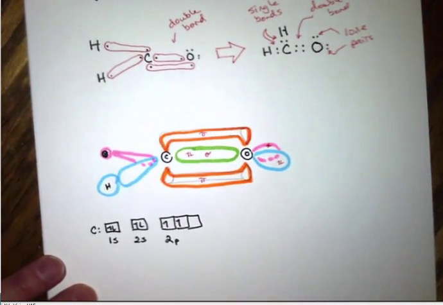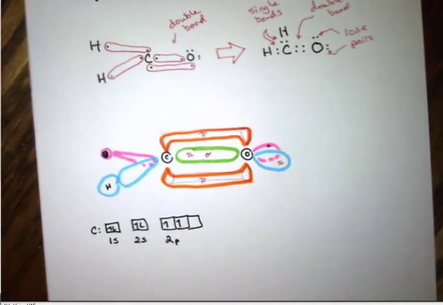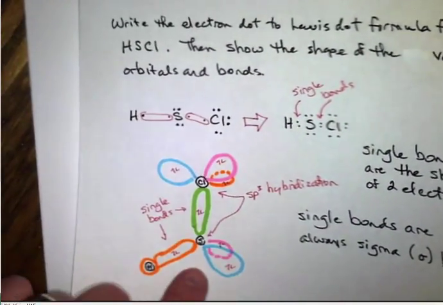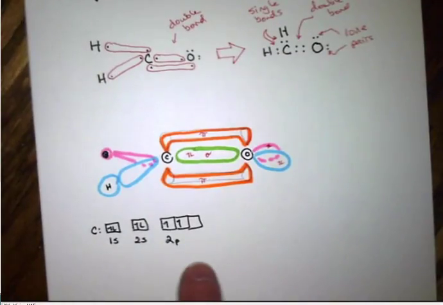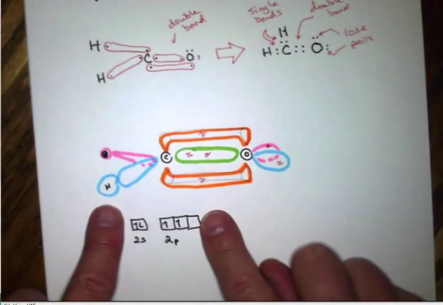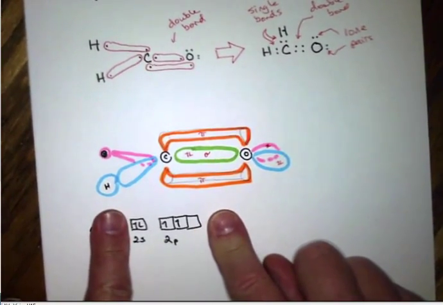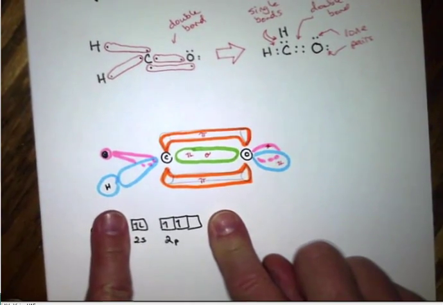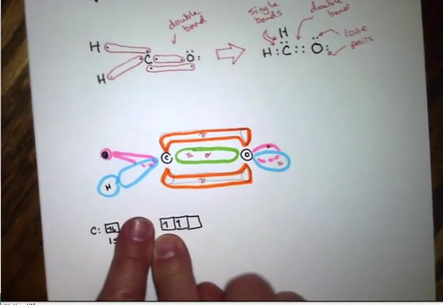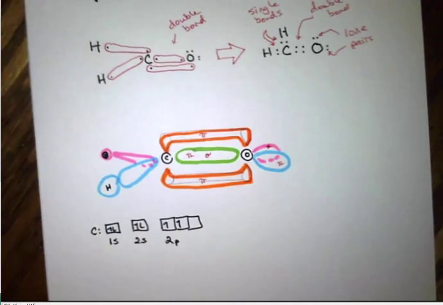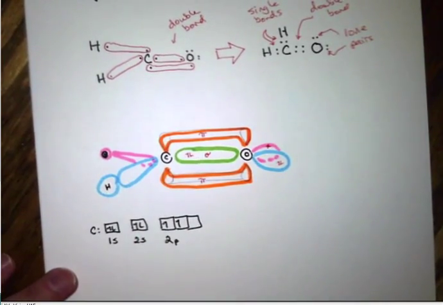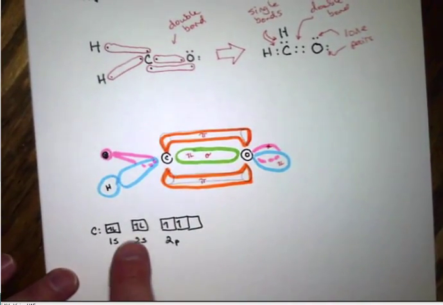To hybridize this sp3, remember these are sp3 hybrids here and here, we're going to hybridize all four of these orbitals, right? That's what we did. Everybody remember doing that? So we put them all together into a single set of four orbitals, right?